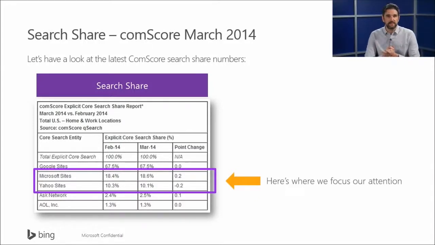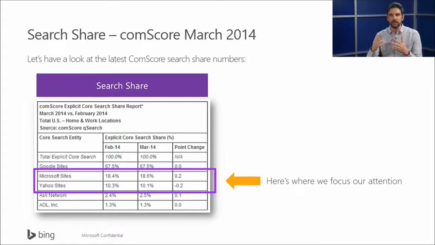A lot of times when we think about SEO and search engines, we're always talking about rankings, we're always talking about search share. I told you that the combined Bing presence, which includes Yahoo and Microsoft Search or Bing Search, is a combined total of both of these engines.